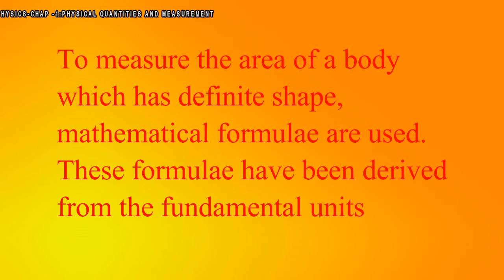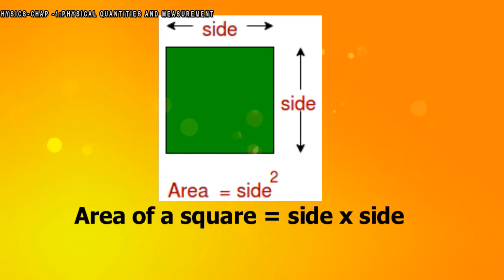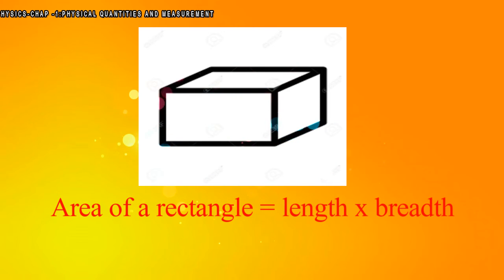These formulae have been derived from the fundamental units, that is, area of a square equals side multiplied by its side. Area of a rectangle equals length multiplied by its breadth.